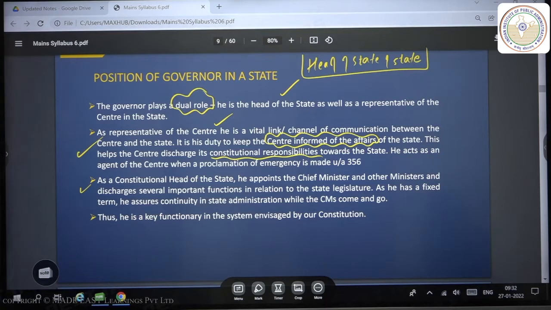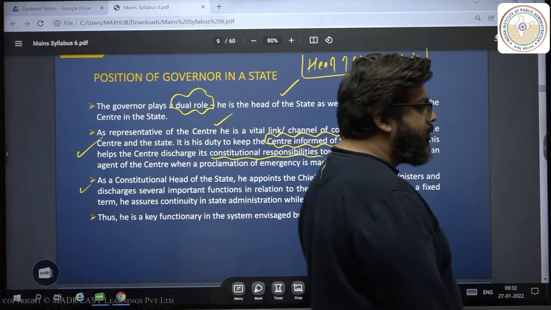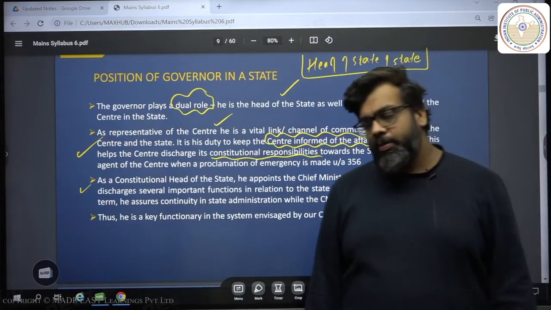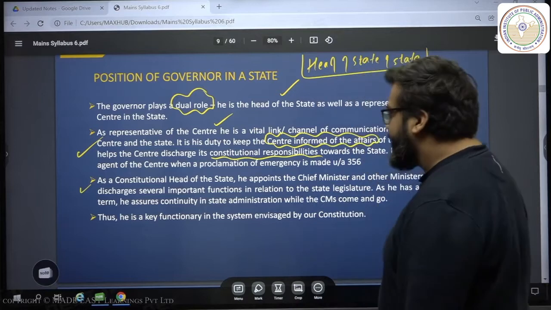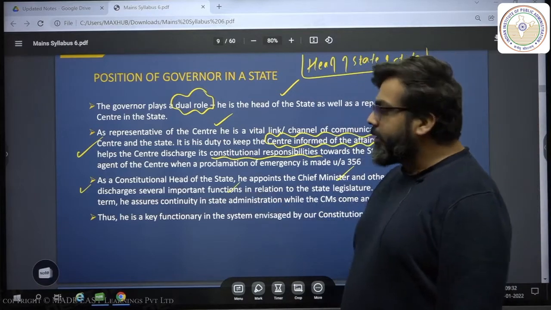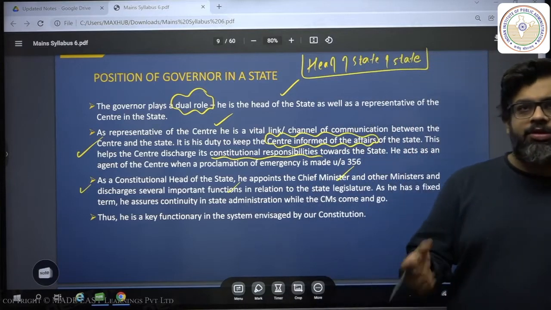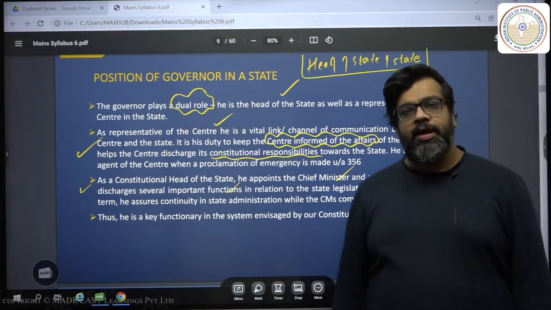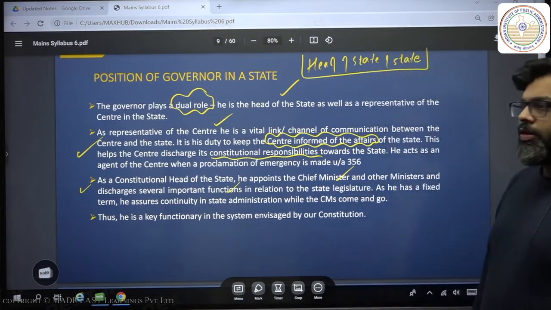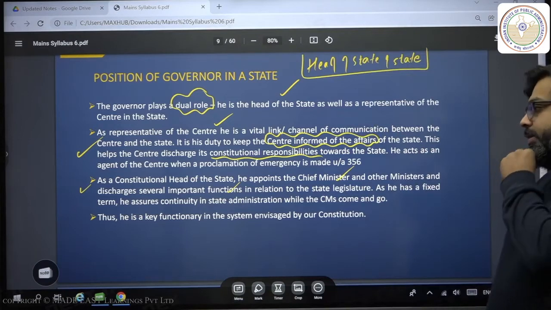Now, as the constitutional head of the state, the governor performs very similar functions to those performed by the president, such as the appointment of the ministers and certain parliamentary legislative functions, such as dissolution of a house, prorogation of the house, and so on and so forth, introduction of certain bills in the house, assenting certain bills in the house.